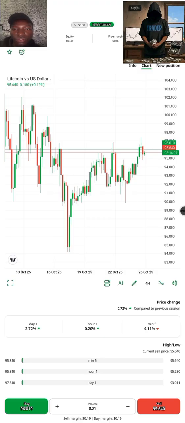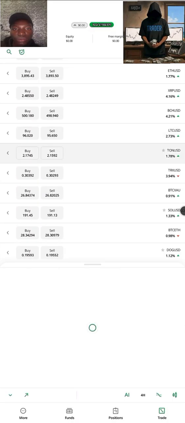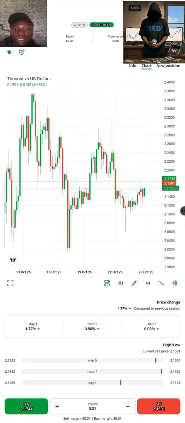Cryptocurrency is very easy to trade with and fast to get to grow your account, but it takes some time. So therefore, this is Tone coin against the USD. I think this is Trump coin, if I'm not wrong, at 0.01. Even Kenyan shillings are not allowed; it's less than 10 bob.